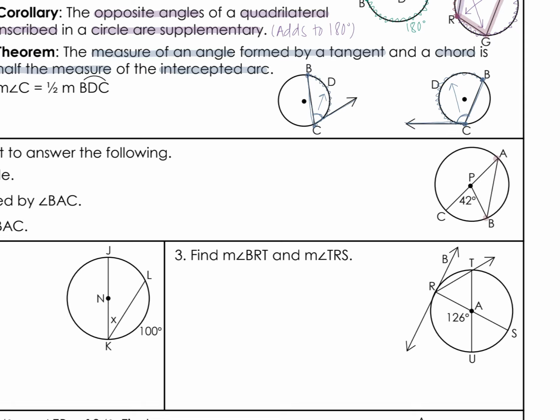We are looking for it to be created by two chords. Here we have a line that has two endpoints on the circle, and the only other one that has two endpoints on the circle is that AC, that diameter. And so my inscribed angle here is going to be CAB.